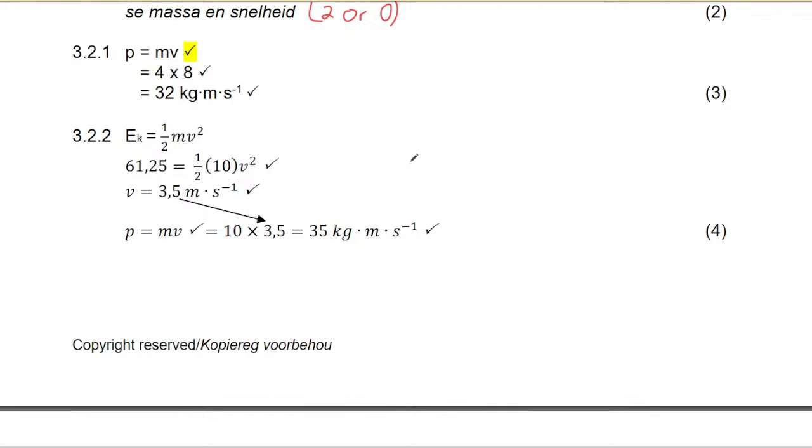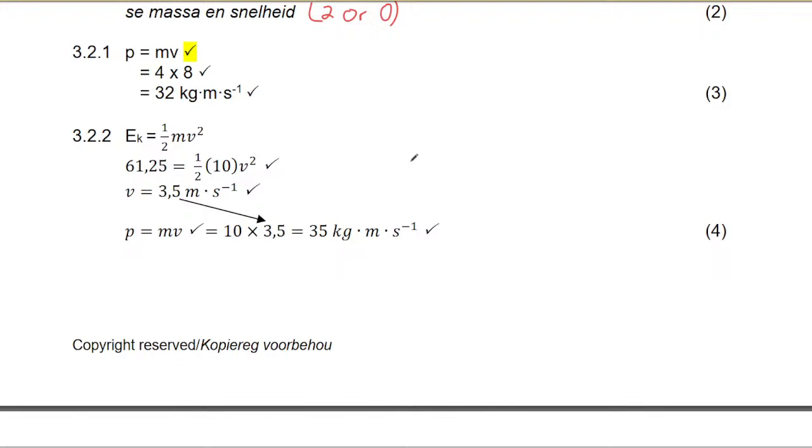We can look at it that way, because even when the learner gets 3.5 wrong and substitutes it in the momentum equation, I don't think it is going to have much effect, because that substitution does not necessarily have a mark.